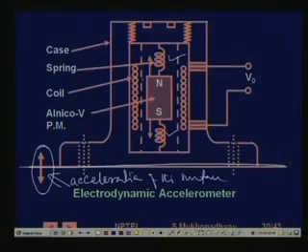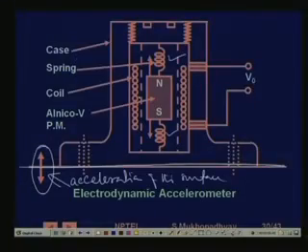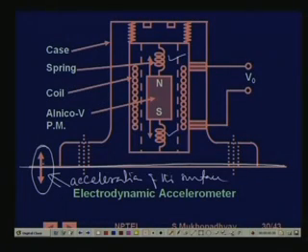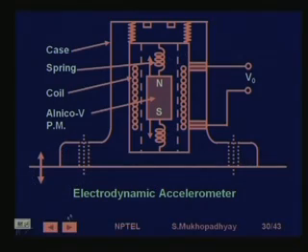So now that will induce EMF, right? Now it can be shown that this induced EMF, especially in certain frequency ranges, can be made proportional to this acceleration by suitable design of the equipment. So this is one basic technique.